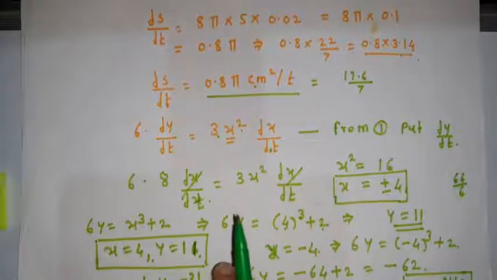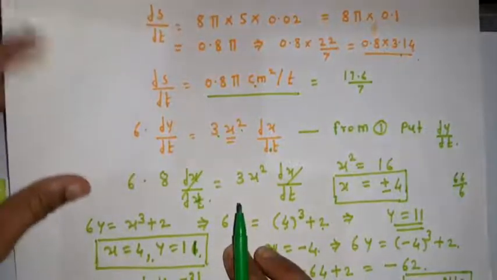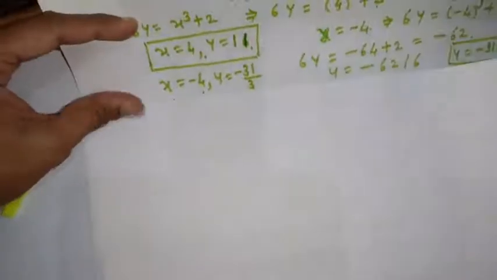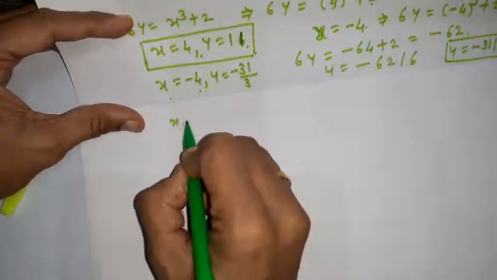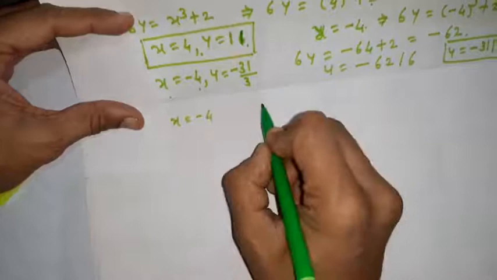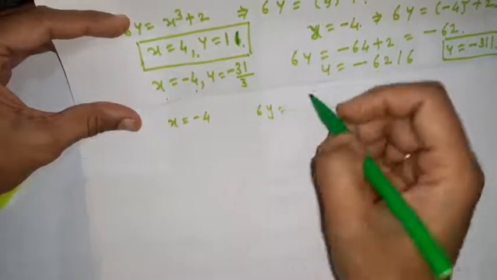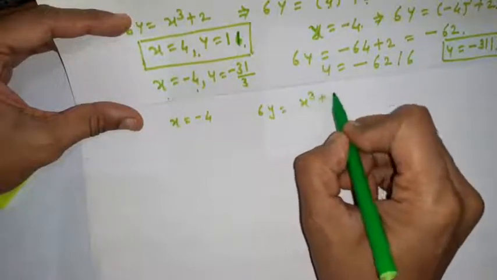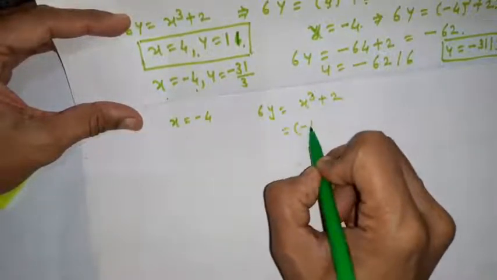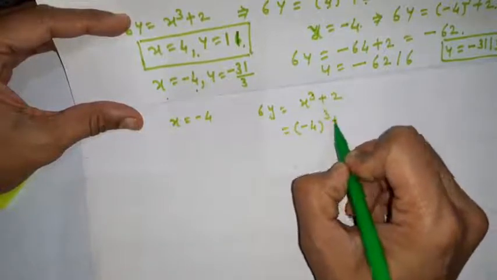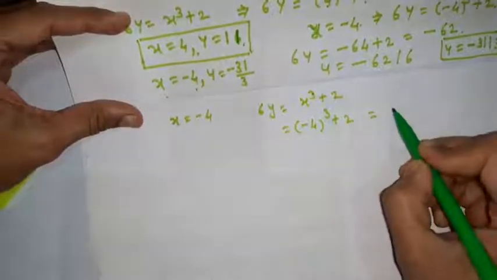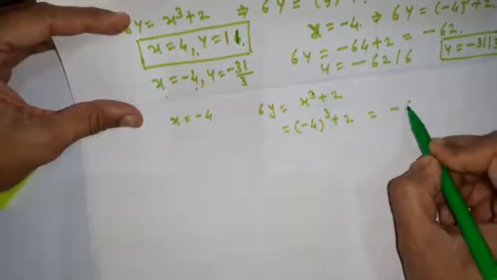These are the coordinates of one point. Now suppose x equal to minus 4. The expression is 6y equal to x cube plus 2, and that is equal to minus 4 raised to 3 plus 2, and this is equal to minus 64 plus 2, and that is minus 62.